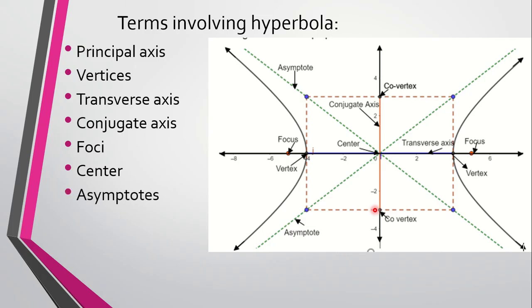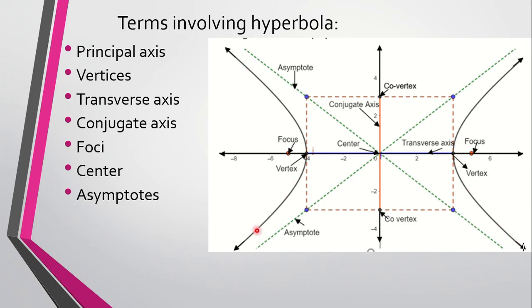Asymptotes. The two diagonal lines passing through the center where two branches approach. So, itong dalawang diagonal lines na to, yan ang asymptotes. Pag nag-drawing tayo ng hyperbola, dyan papalapit yung ating hyperbola, pero hindi siya magta-touch dun sa line na yan.